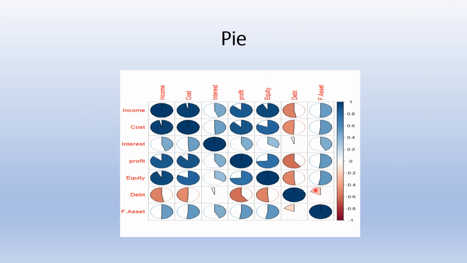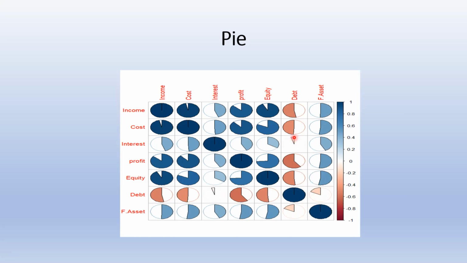Now coming to this pie chart. This pie chart is negatively related, or has a negative correlation coefficient, because the color is pink and they are filled anti-clockwise. So only this small area of the entire circle is filled. So we can say that the correlation coefficient is weak between debt and fixed asset.